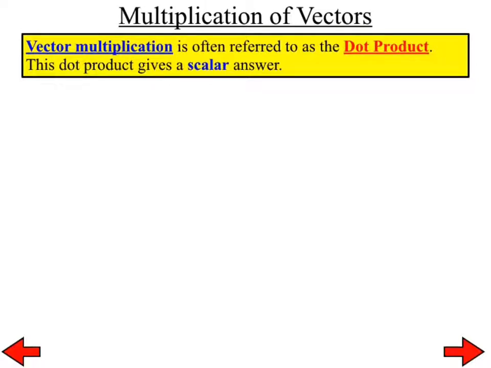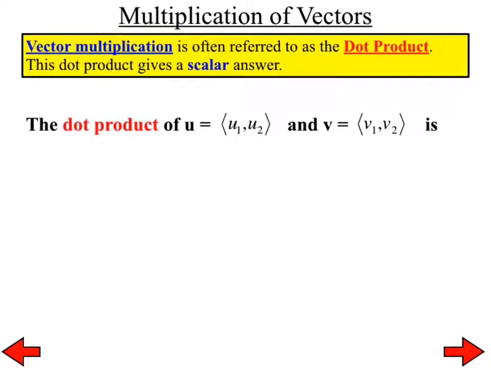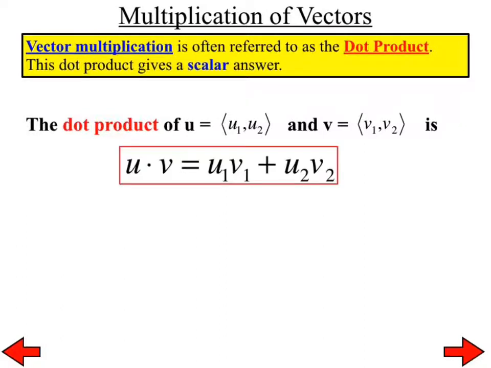So how do we do vector multiplication? Well, it's actually much easier than matrix multiplication. And this is where we should start writing stuff down or filling in the blank areas. The dot product of u and v is this. So write that down.